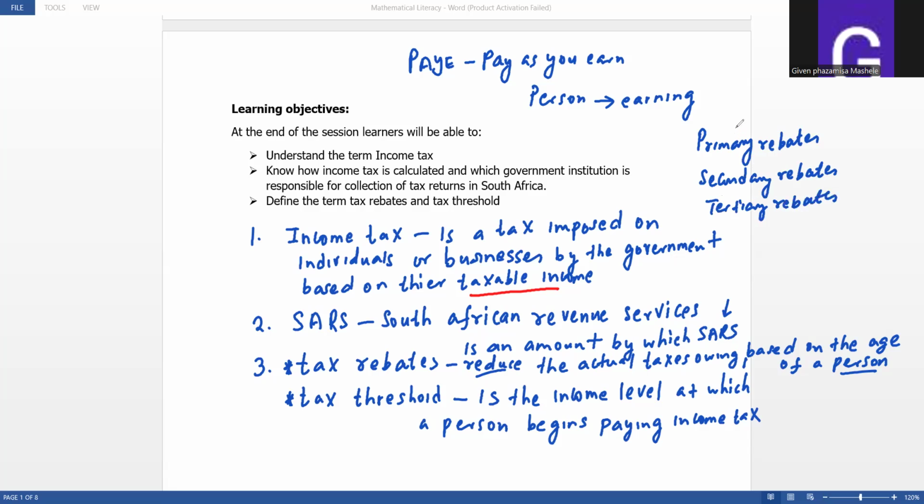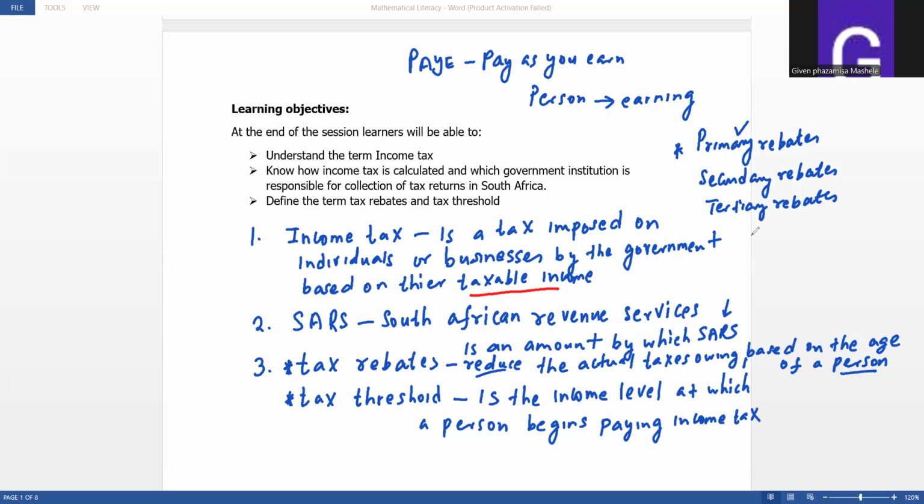Under primary, usually all individuals who are working, all individuals who are eligible to pay tax, actually qualify for a primary rebate. So one must be able to understand what is a tax rebate and what is a tax threshold, as I said.